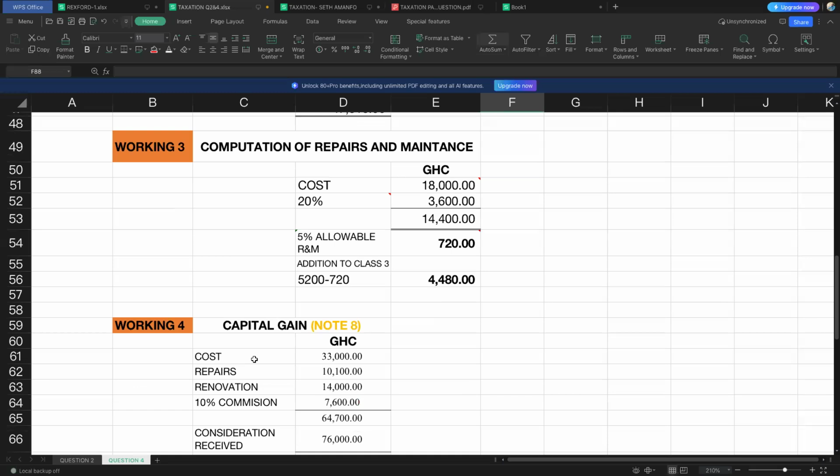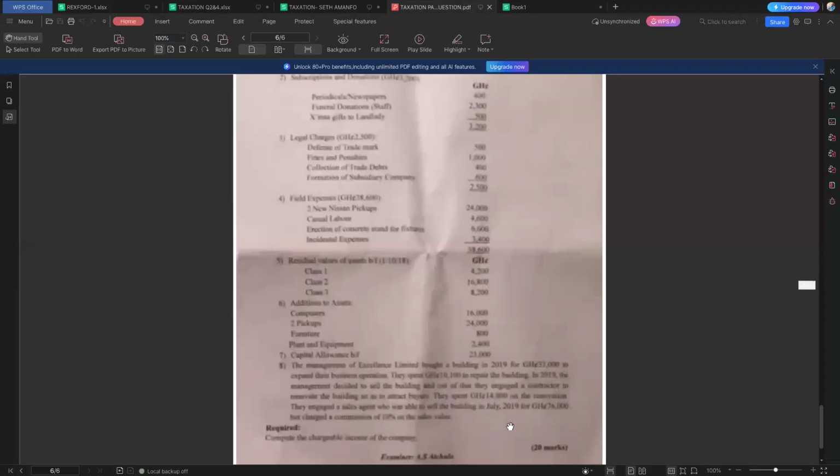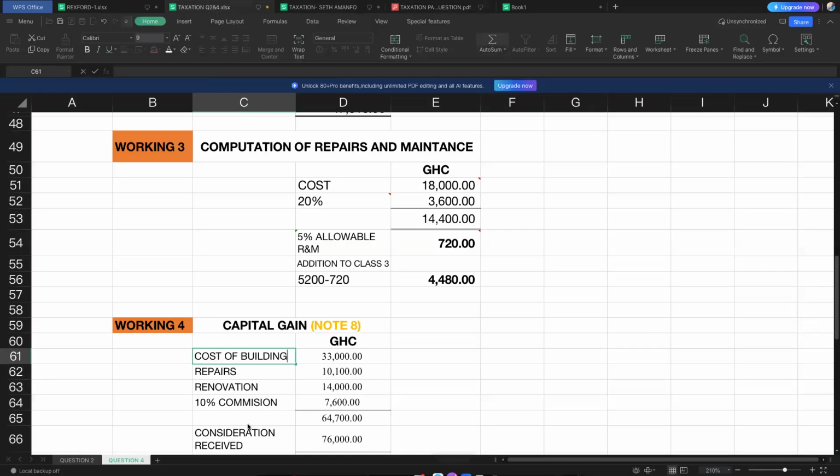The cost of the building is 33,000. After they bought the building, we were told that they spent 10,100 to repair the building. That one is also here. Repairs.